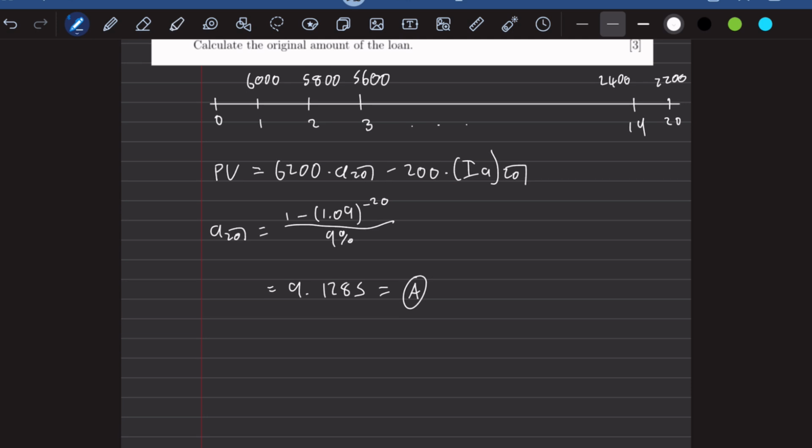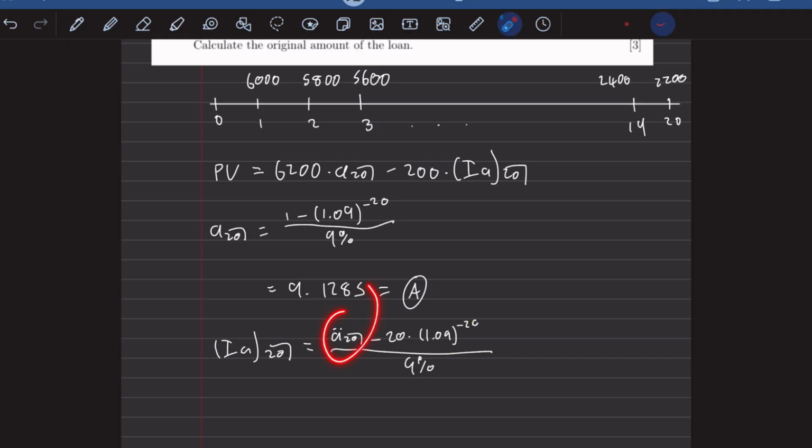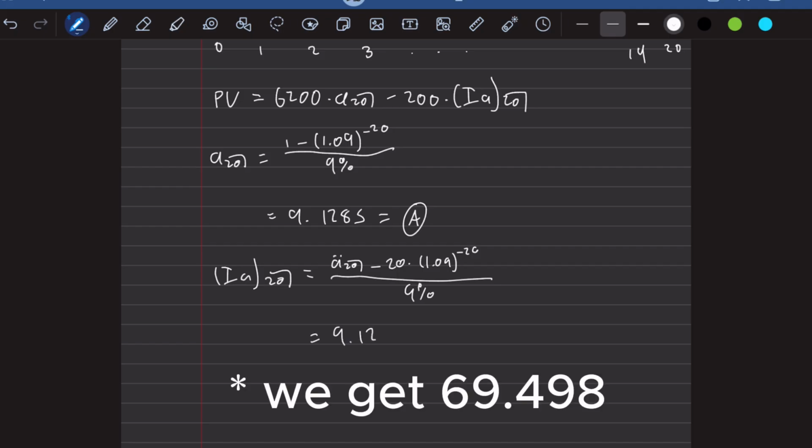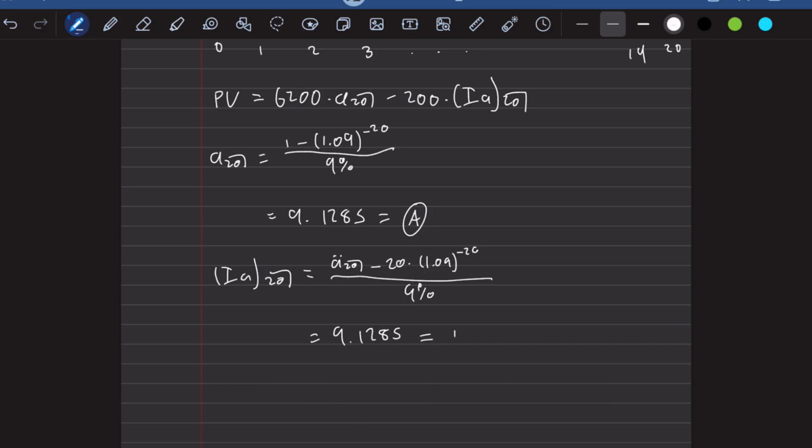And now we need to work out what the increasing annuity for 20 years is going to be. And the formula is going to be 20 minus 20 times 1.09 to the power of negative 20 over 9%. Obviously, we'll have to work this out separately, but if we do all of those calculations, we're going to get 9.1285 for this. I'll store that in my calculator as B.